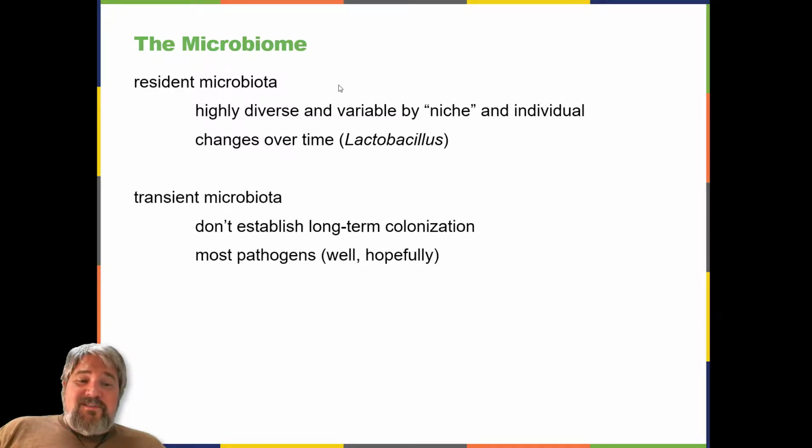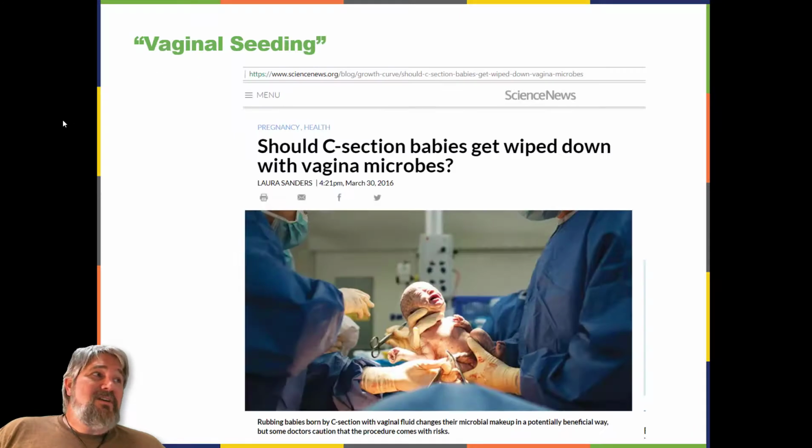So briefly, this is not in the Openstax book, but let's take a brief look at a practice called vaginal seeding. This is the idea that exposing the newborn from a C-section to, say, a wipe of vaginal secretions would help prevent disease in the newborn.